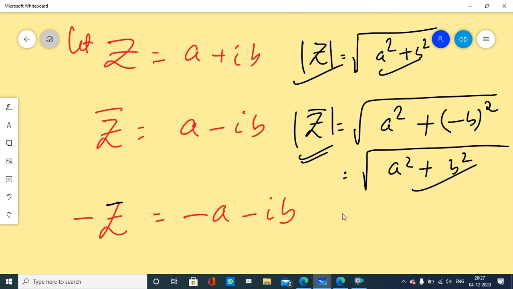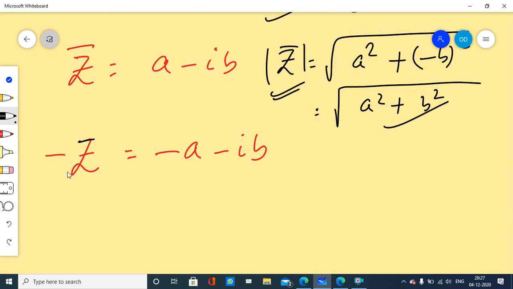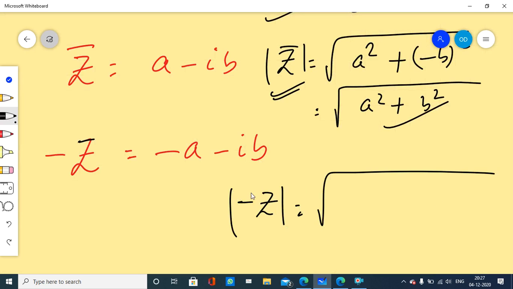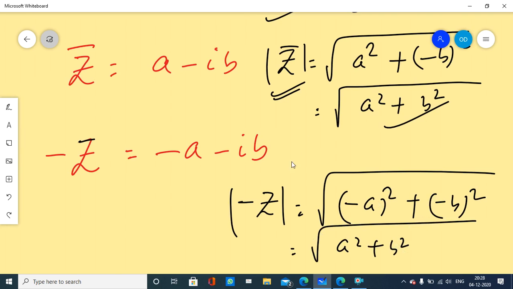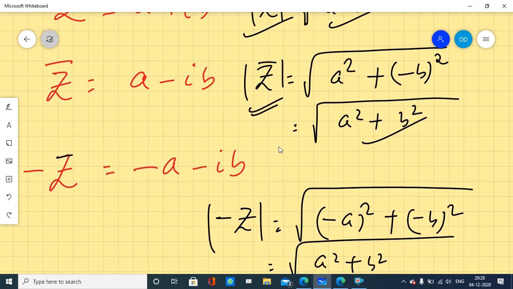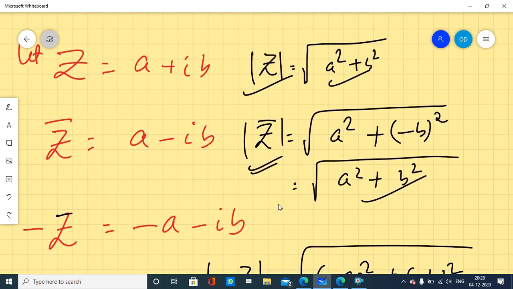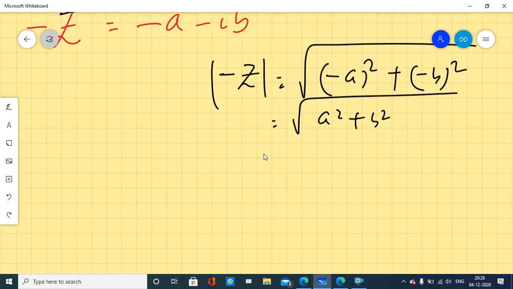Let's find the modulus of the additive inverse. Square of the real part minus a plus square of the imaginary part minus b, root over a square plus b square, root over, minus a square is a square, minus b square is b square. Do you see that modulus of minus z is the same as modulus of z? You get it?